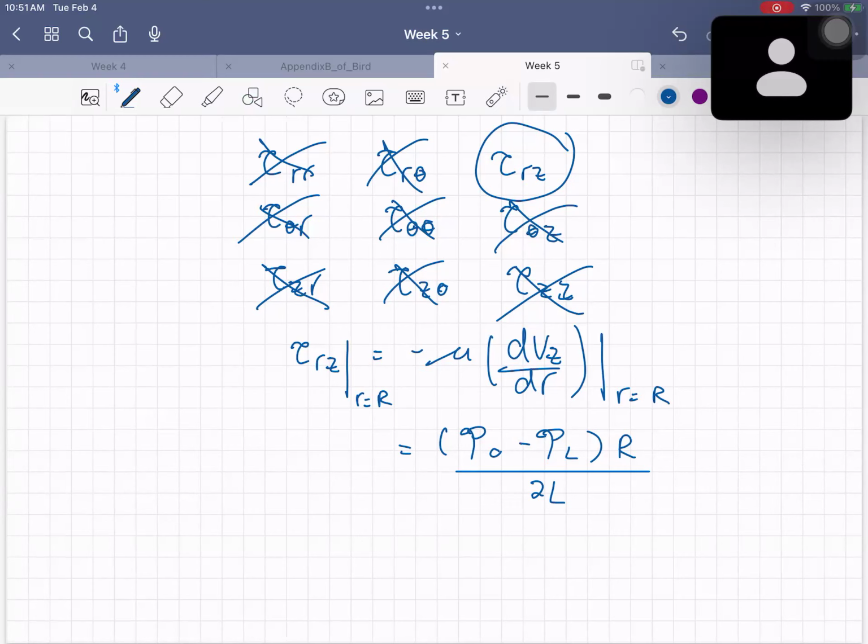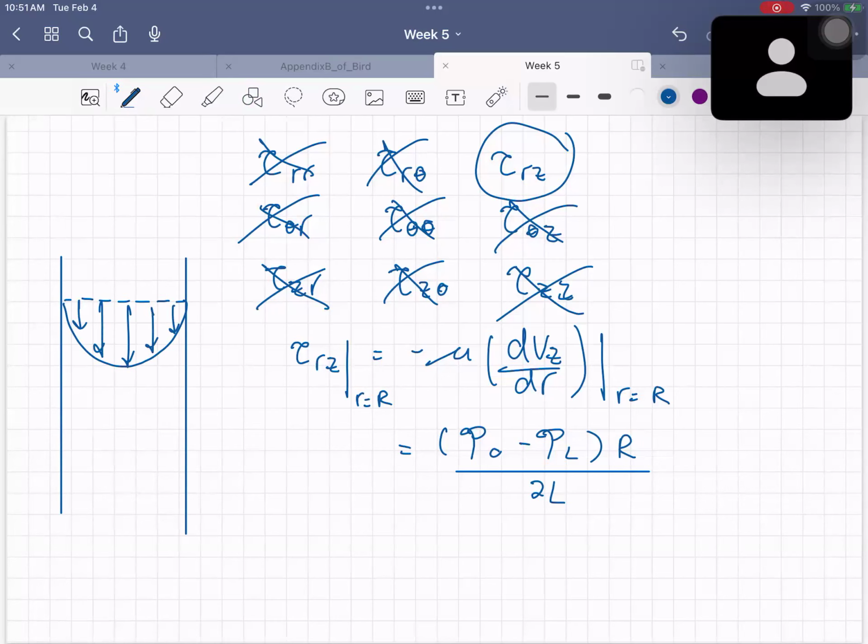Any questions about this? Right, so previously we have a velocity profile that looks something like this, right? Parabolic shape.